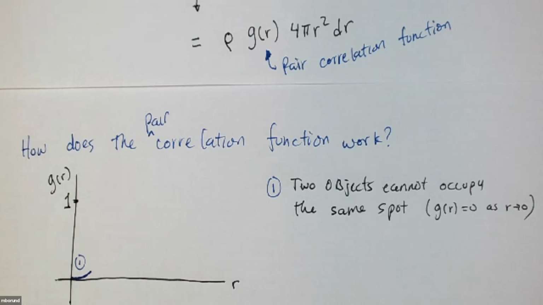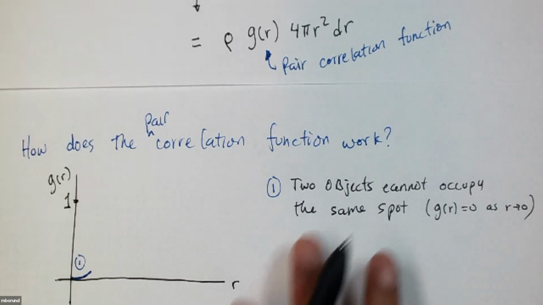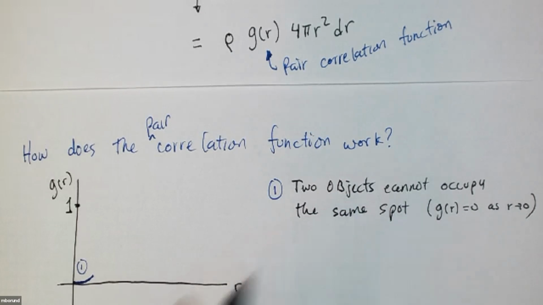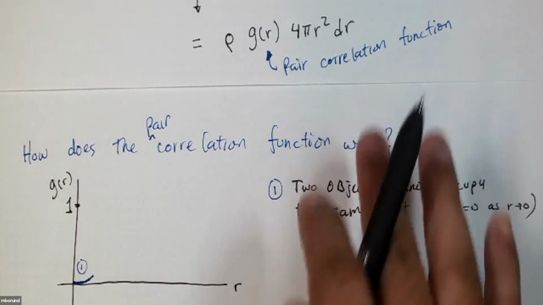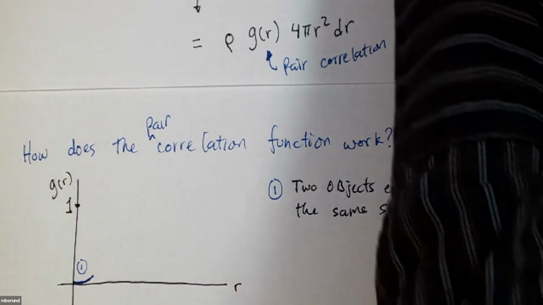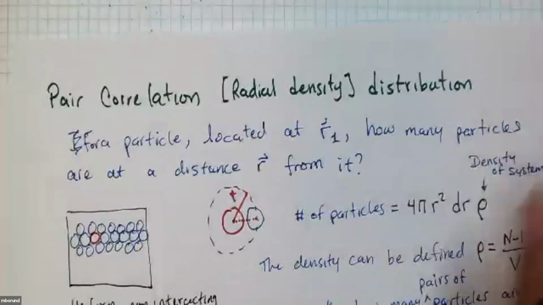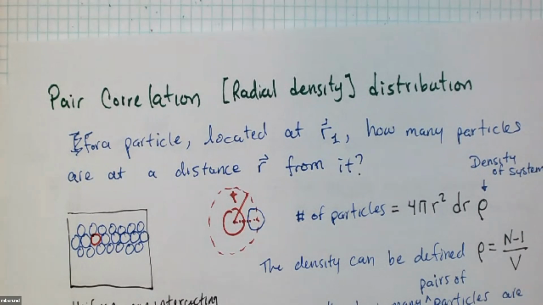What is this correlation function going to do at really far away distances? How many pairs can you make as you go farther and farther away? Will it also be zero? Right, so let's take this picture right here. This applies to this kind of system. They cannot be on top of each other.